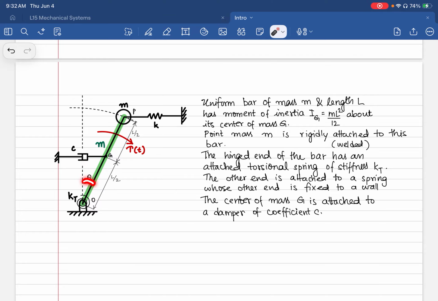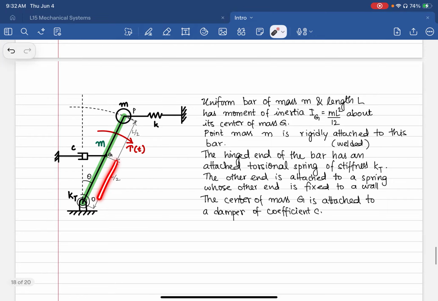So as it is moved by theta, then this bar is going to experience a restoring moment of kT times theta. The other end is attached to a spring. So this end is attached to a spring, the other end is fixed to a wall. And the center of mass, at this position L by 2 that is marked, is attached to a damper of coefficient C.